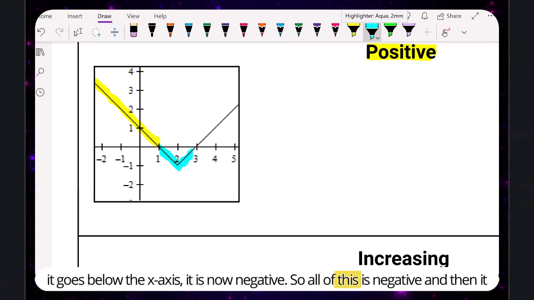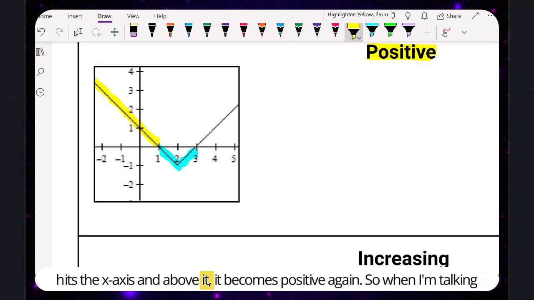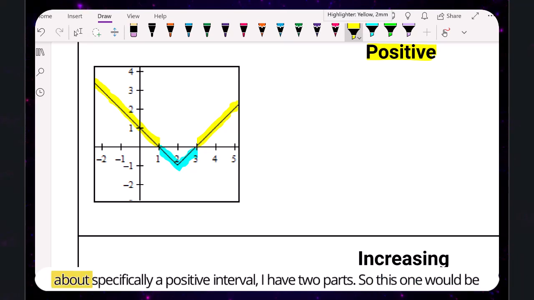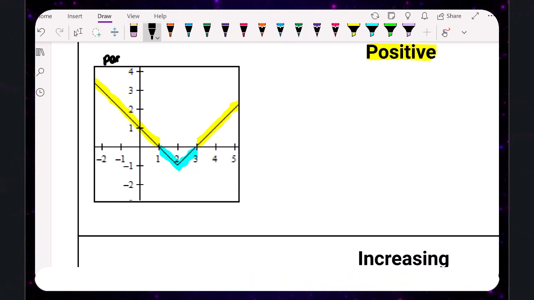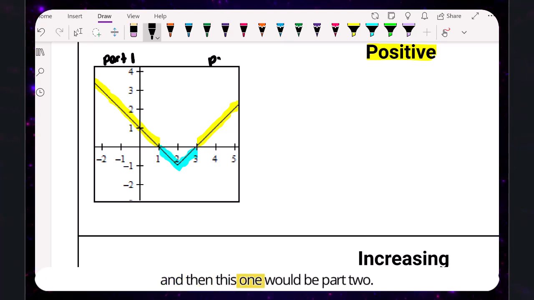So all of this is negative, and then it hits the x-axis, and above it, it becomes positive again. So when I'm talking about specifically a positive interval, I have two parts. So this one would be part 1, and then this one would be part 2.